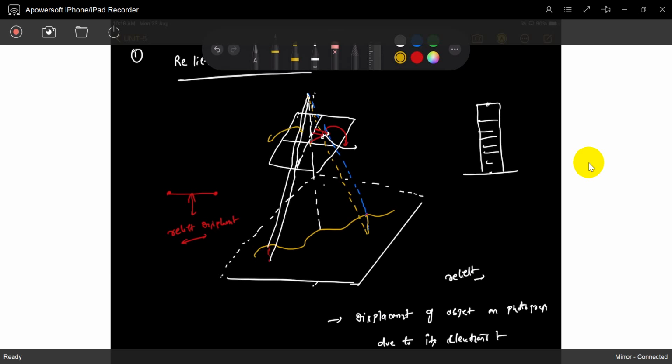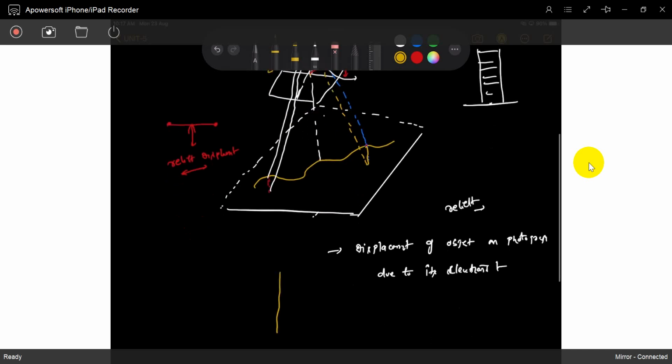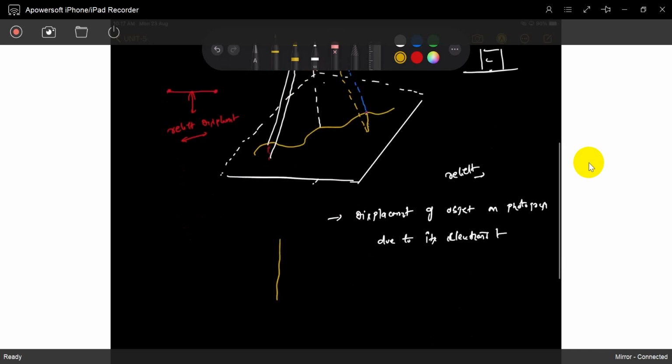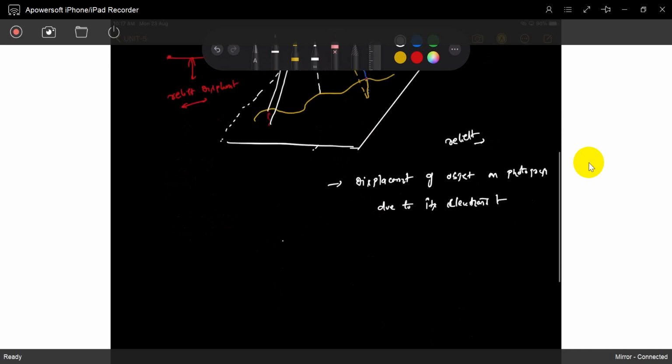If you capture a photograph, the top and bottom are also captured on the photograph. Just imagine what is happening: the rays are coming like this. I will give you clarity.